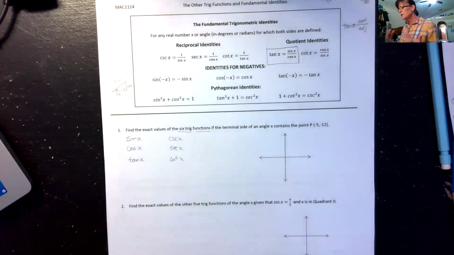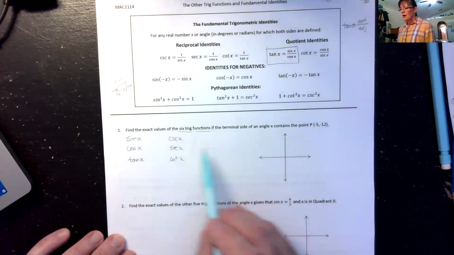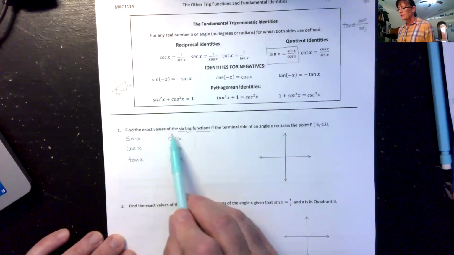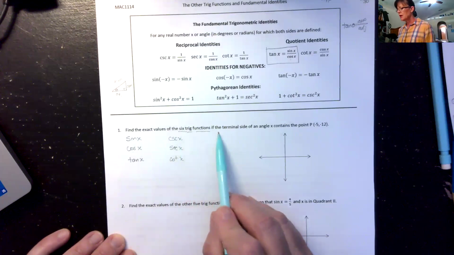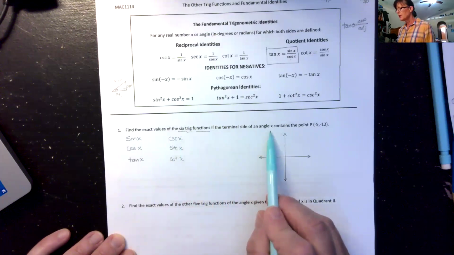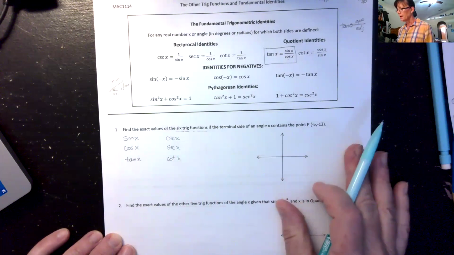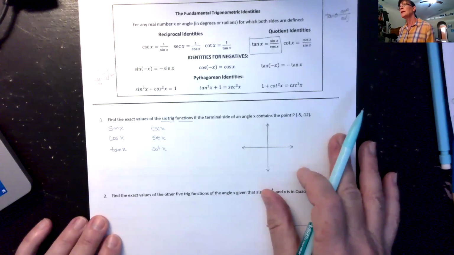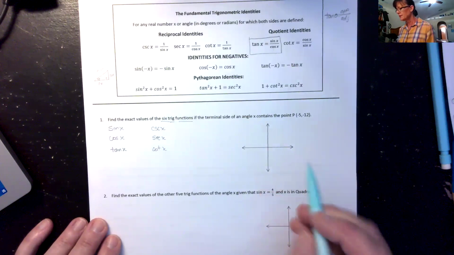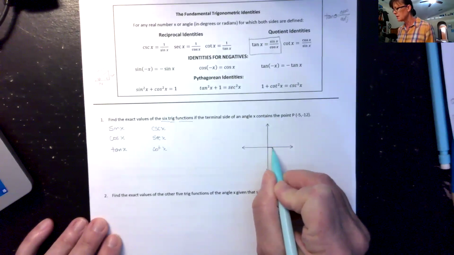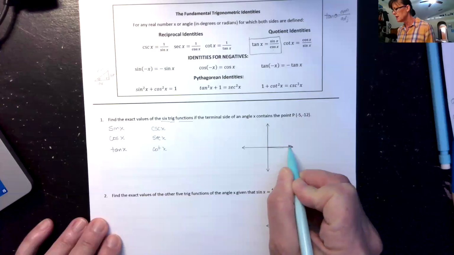Now, I'm going to define these trig functions for any angle using a point. So let's do this. Find the exact values of the 6 trig functions if the terminal side of an angle x contains the point -5, -12. The terminal side means where it stops. This is the initial side, the positive x-axis.